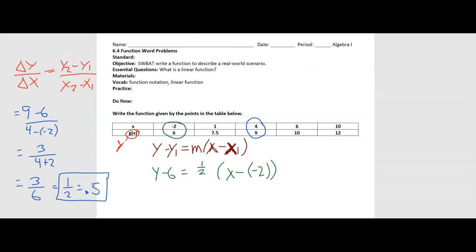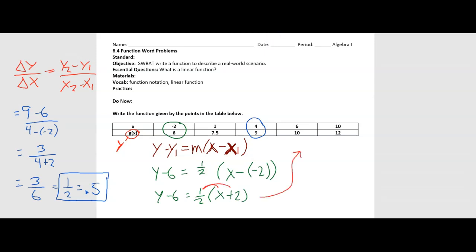So now we're going to put the equation in slope-intercept form before we substitute that y out and replace it with the g of x. So I'm going to distribute. Well, you know what? Before I distribute, let's simplify. So I get y minus 6 is equal to 1/2 times the quantity x plus 2. Now it's a little bit easier to distribute.